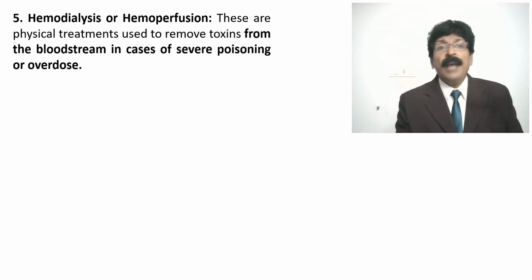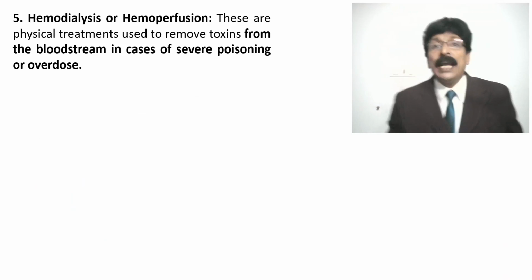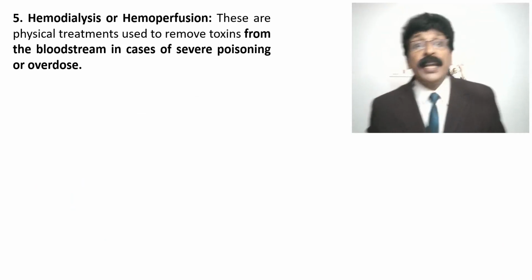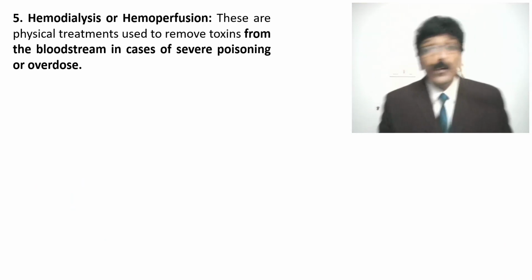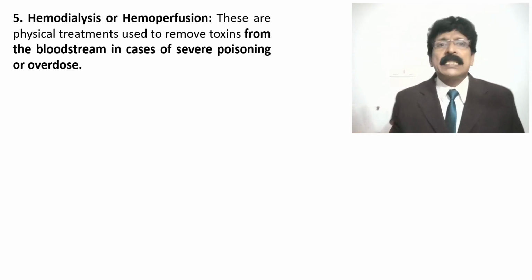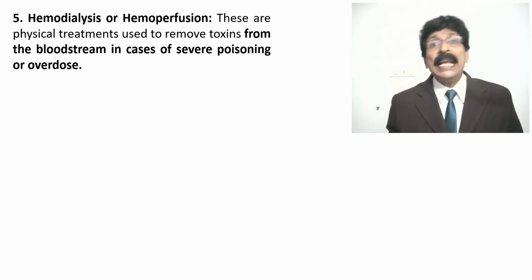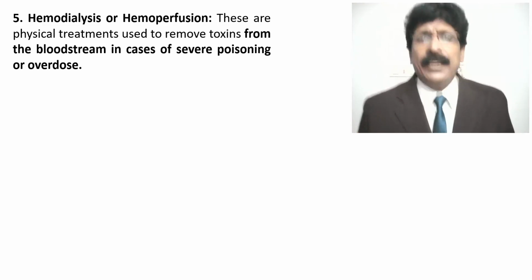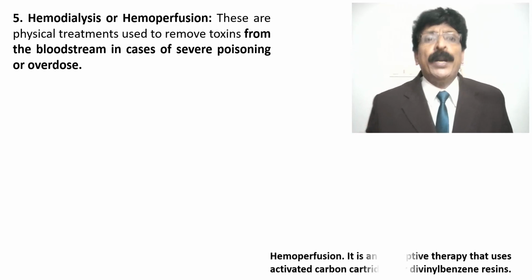Number 5, hemodialysis or hemoperfusion. These are physical treatments used to remove toxins from the bloodstream in case of severe poisoning or overdosage.